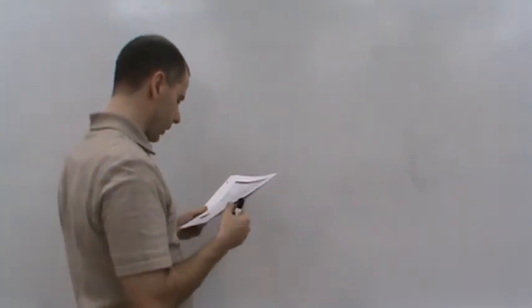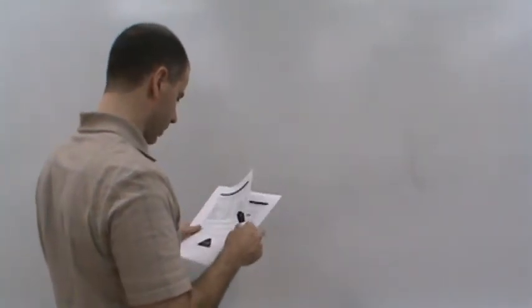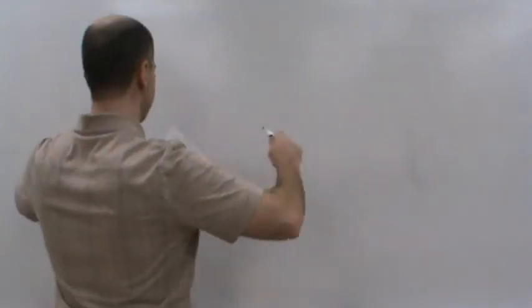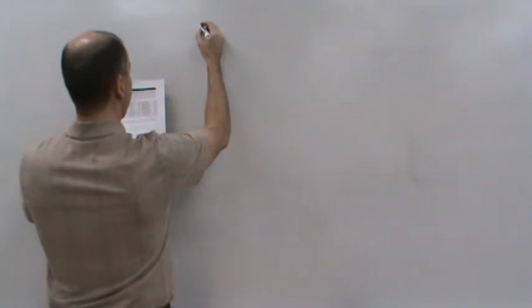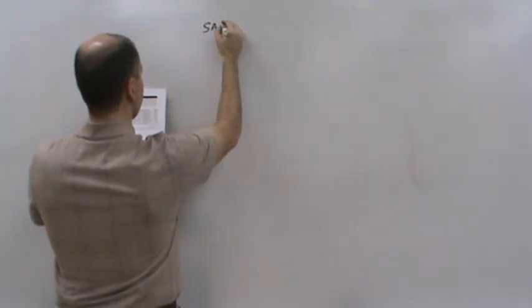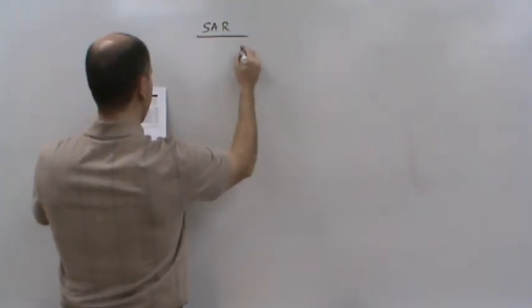For this one here, I'm just going to write out the data. We don't need to know the cell phone models, but here's the data. So here's all the SARs for the 30 models.